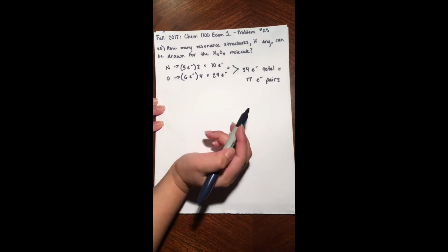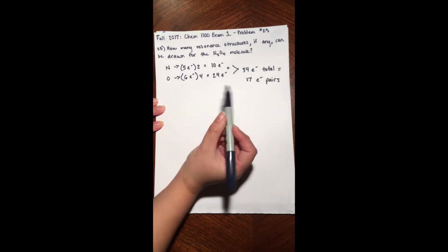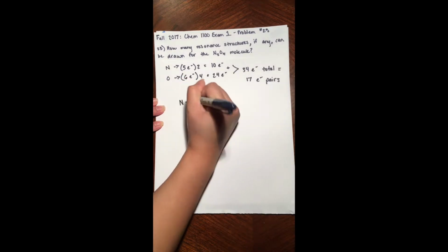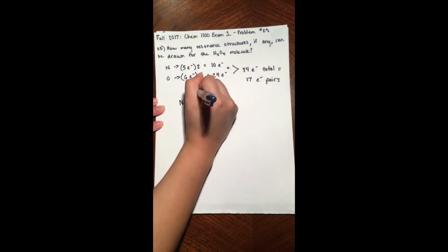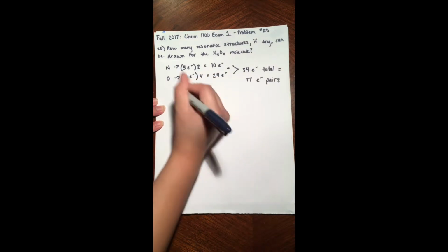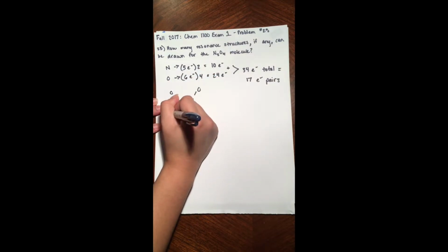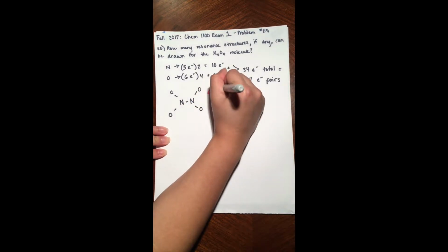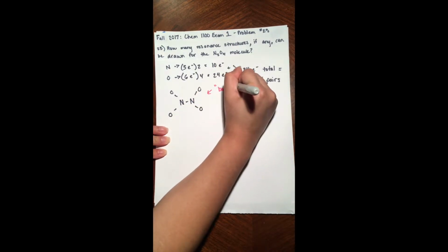So first, we have to connect all of the atoms some way with some bonds. So I'm going to connect my 2 nitrogens, connect the 4 oxygens, and this is what I like to call our base structure.